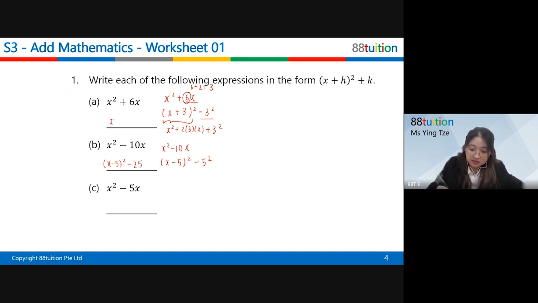Here is x minus 3, sorry, x plus 3 square minus 9. And then for here, we have x square minus 5x. So it will be x minus 5 divided by 2 square minus 5 divided by 2 square.